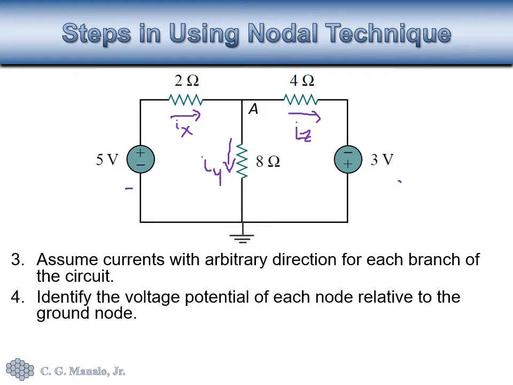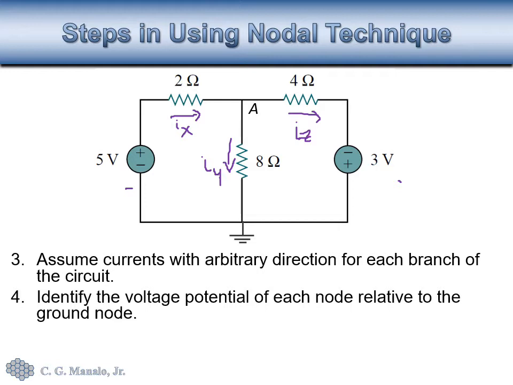Also for the 3 volts, we could have specified the current, but both 3 volts and 4 ohms are in series, so therefore there's no need to label the current through the 3 volts.